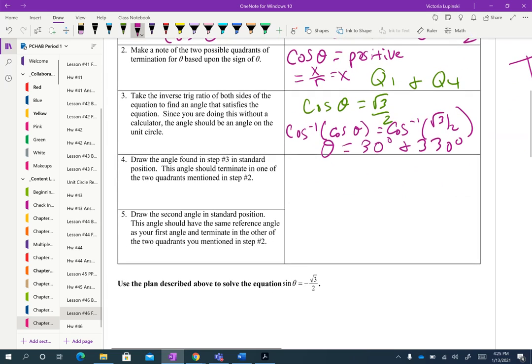Then in steps 4 and 5, draw the angle found in standard position, draw the first angle, and draw the second angle. So if you're talking about 30 degrees, then you're talking about starting in standard position, and you're going to show that it turns through an angle of 30 degrees. Then if you're talking about 330 degrees, then you would, of course, start also in standard position.